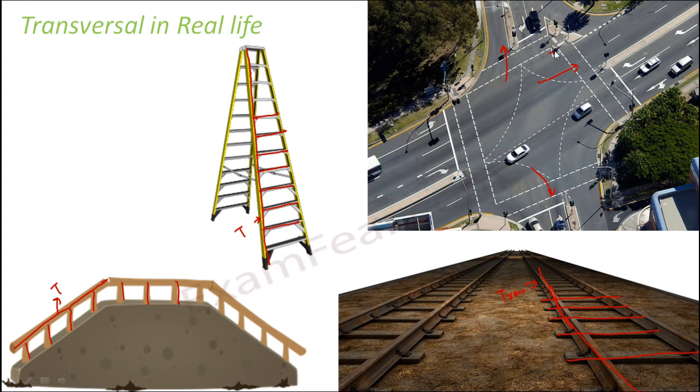When you look at it, you see that these lines are parallel, right? And these lines which are drawn here, what are they doing? They are basically cutting these parallel lines. So this is acting as a transversal. So these are certain scenarios where you can actually visualize the existence of a transversal. You can actually see lines intersecting multiple lines at distinct points.